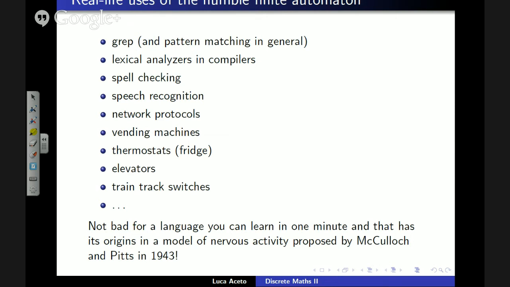Speech recognition is done by weighted automata, which are DFAs with some weights annotating the transitions, not just the input symbols. Network protocols that you use and love can be represented by DFAs. The vending machines that you interact with, perhaps when you're hungry, out there in the sun or wherever else, are DFAs. They don't look like them, but they are DFAs.